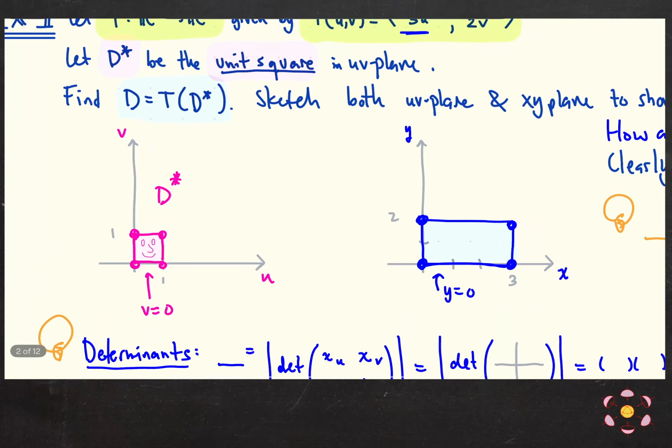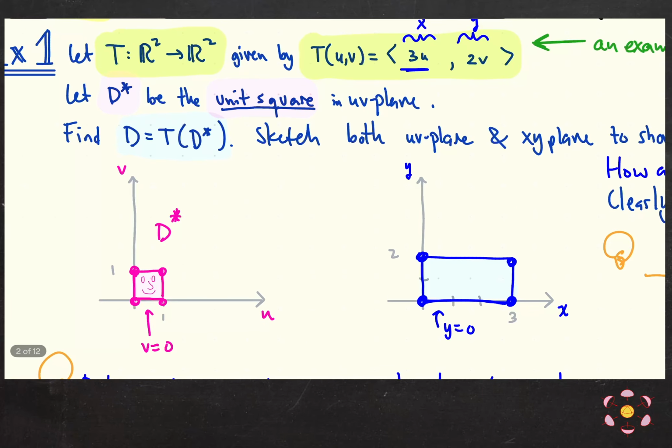The idea is this transformation is telling us to stretch the x coordinates compared to u by 3, and stretch the y coordinates by 2. So I'm going to draw a smiley face here to take into effect that they're stretched. The eyes get wider, technically wider and longer. The nose is going to be wider and stretched out a little bit too.